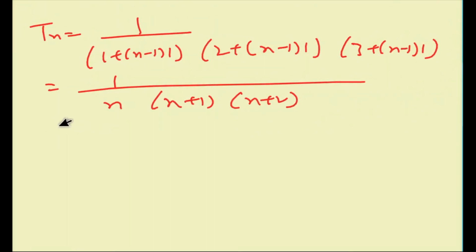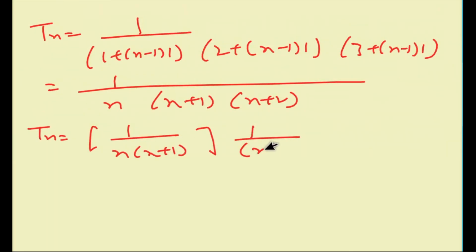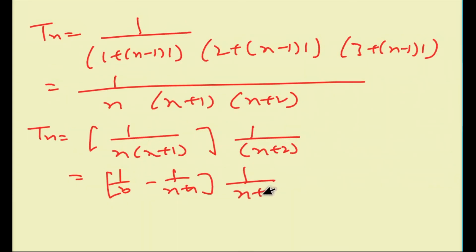Now after finding the Tn, how will we write this in partial fraction form? So first we write as in the previous example, taking only two brackets and leaving the third bracket outside. Okay, now using this as partial fraction as we have learned in the previous example.